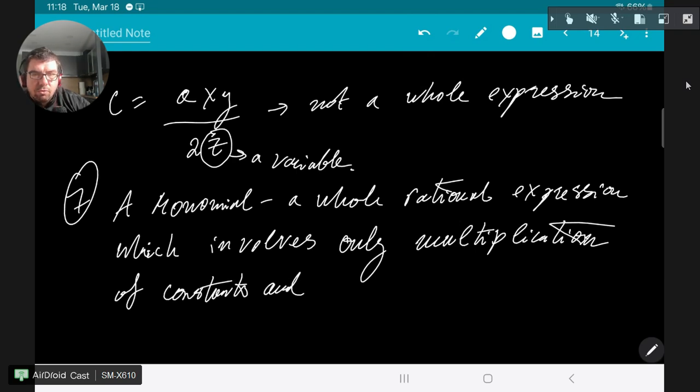By constants I include parameters, obviously, so constants, parameters and variables.